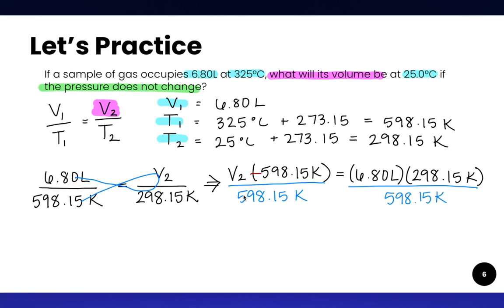And this will completely cancel out on this side, cancel out the unit on this side, and then I plug it into my calculator now.